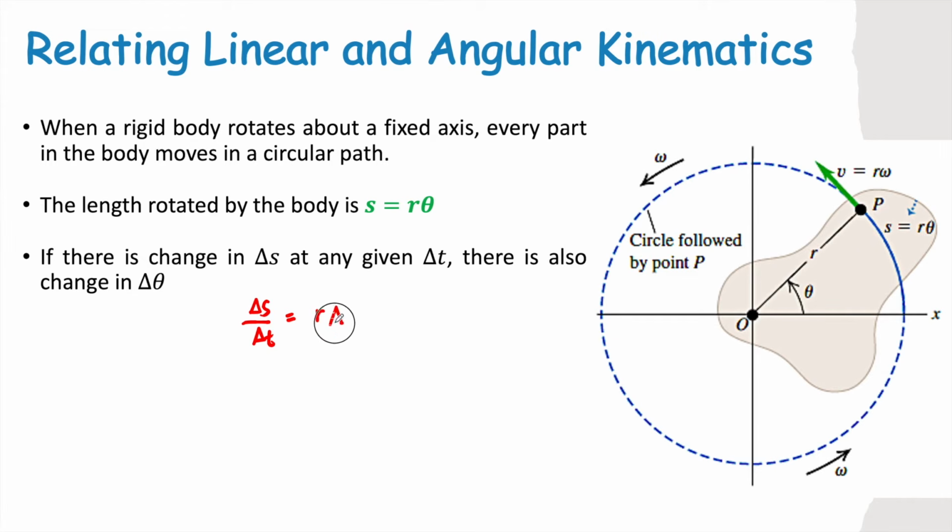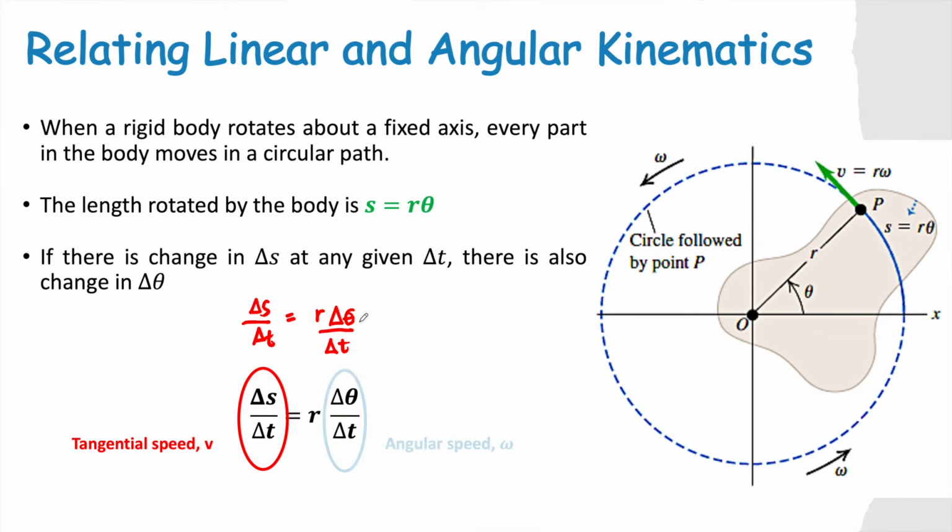Yes, we can factor that out from the delta. It is constant all throughout. So the distance over time is simply your tangential velocity, or tangential speed rather. And the change of the angular position over time is simply your omega. So therefore, your tangential speed is simply equal to r omega.